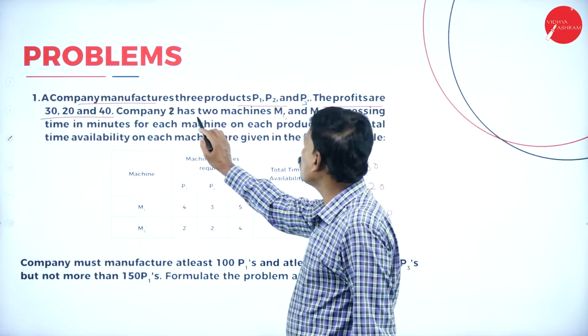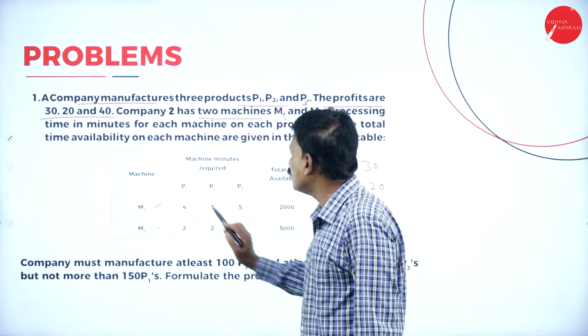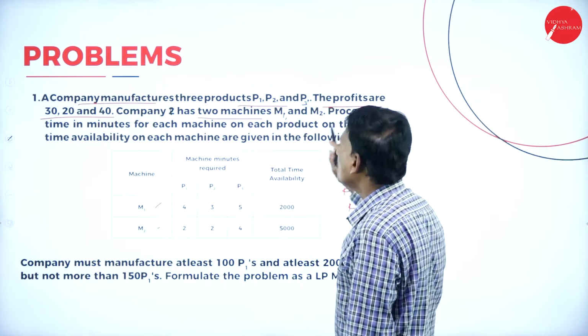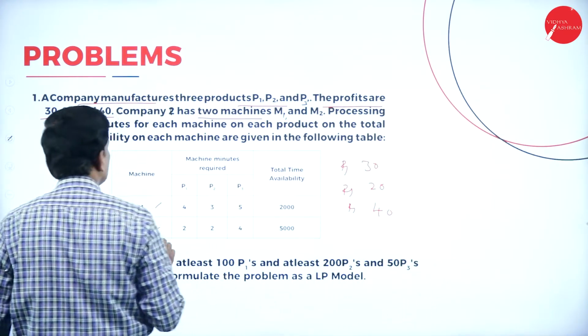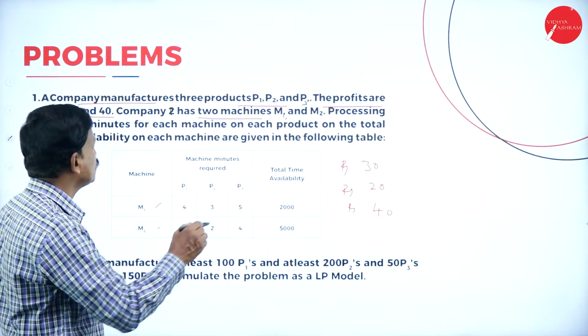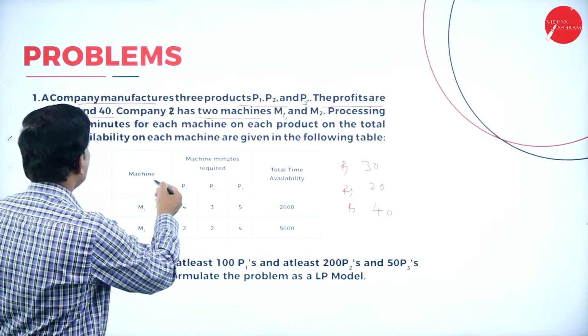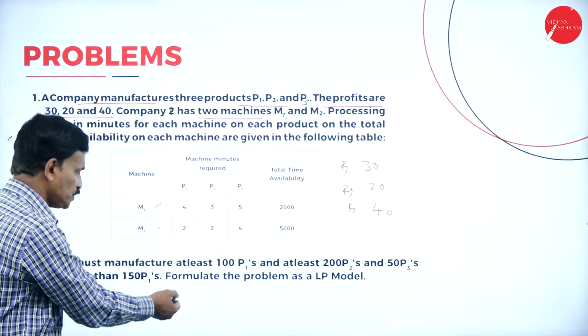The company has two machines, M1 and M2. The processing time in minutes for each machine on each product, and the total time available on each machine, are given in the following table.